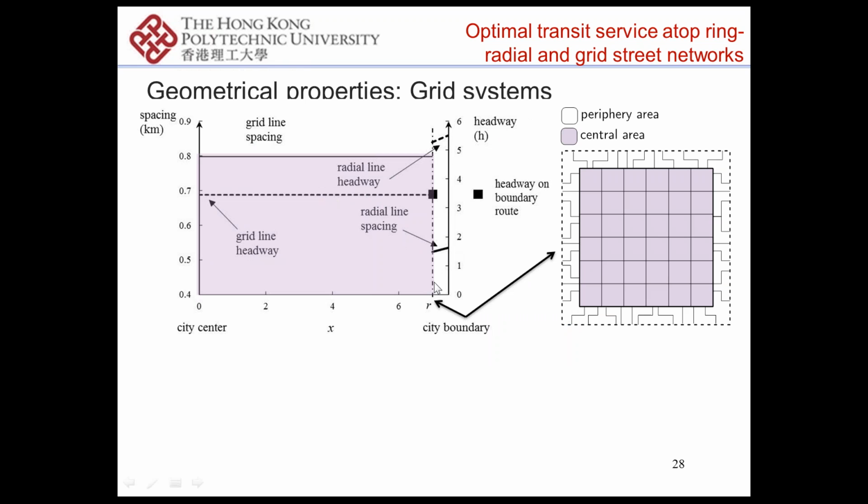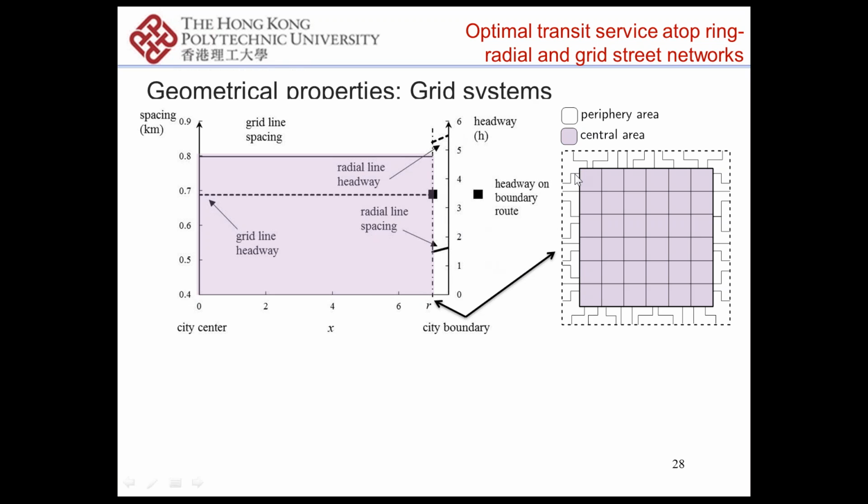And the third one is, as in the ring-radial system, the spacings between the lines and their headways change abruptly. So you see that the headway decreases and the radial line spacing increases abruptly at the boundary of the central area. This is again to compensate for the absence of double coverage.